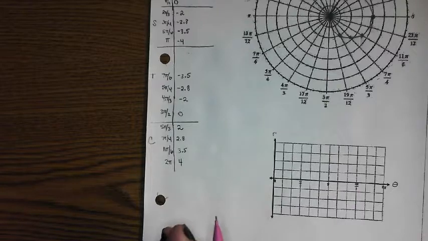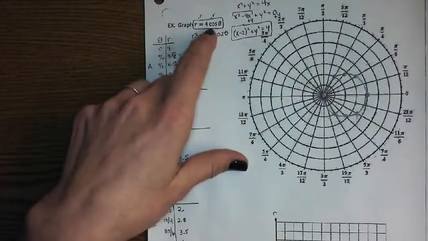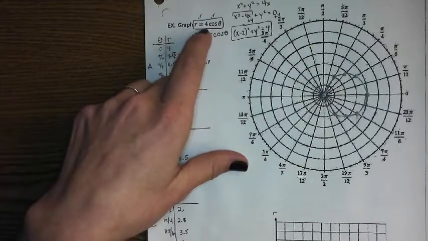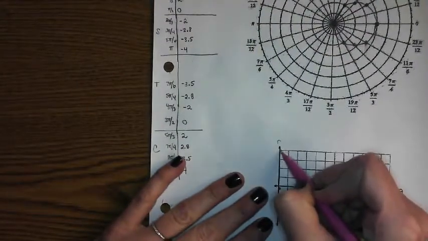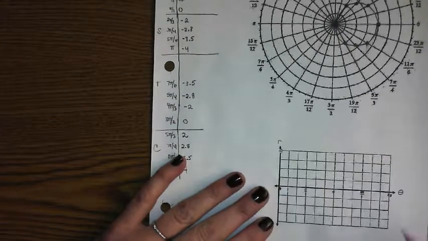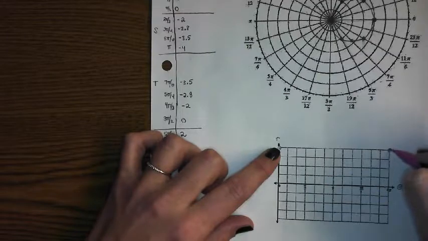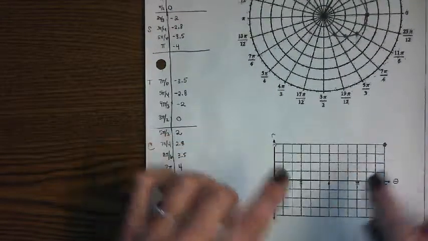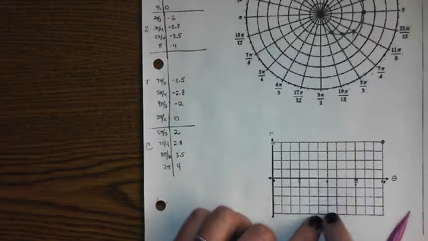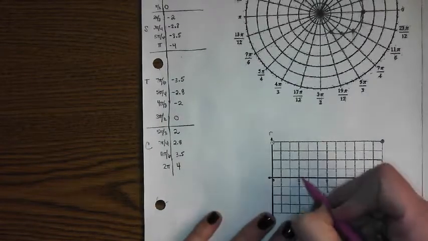So 4 cosine theta, as you all know, is just a cosine parent graph with an amplitude of 4. So I'm going to plot a cosine parent graph with an amplitude of 4, which means it's going to start at 4, end at 4, and then you're going to have a minimum at pi at negative 4 in your zeros.